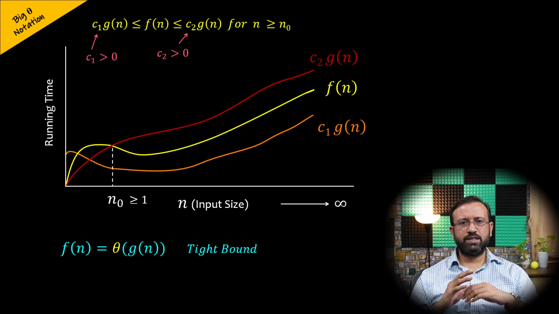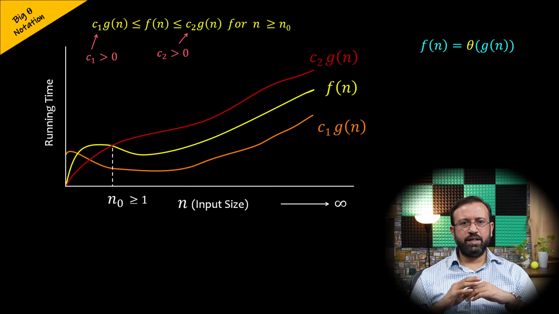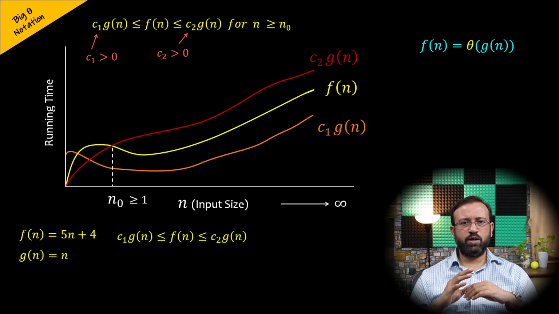Now, let's take an example to prove this notation. Let us consider that we have a function f of n as 5n plus 4 and another function g of n as n. Then, by the Big Theta definition, we need to find the constants c1 and c2 which are greater than 0 and an integer n0 such that c1 multiplied by n is less than or equal to f of n and c2 multiplied by n is greater than or equal to f of n for every n greater than or equal to n0.